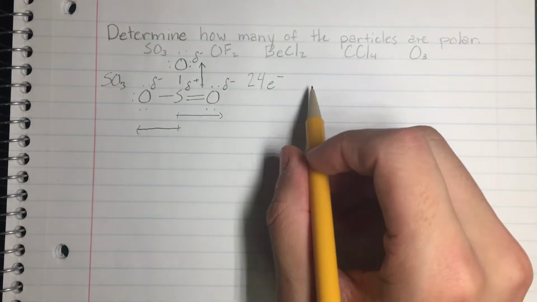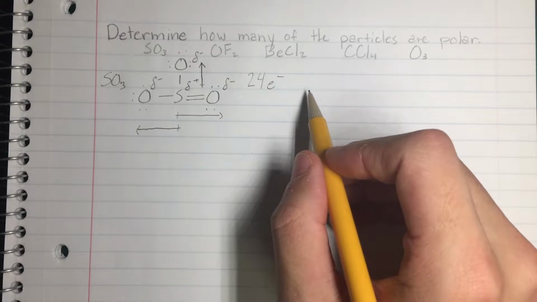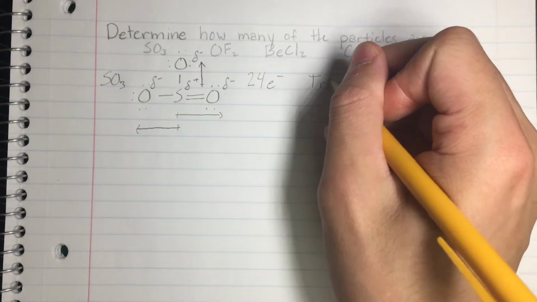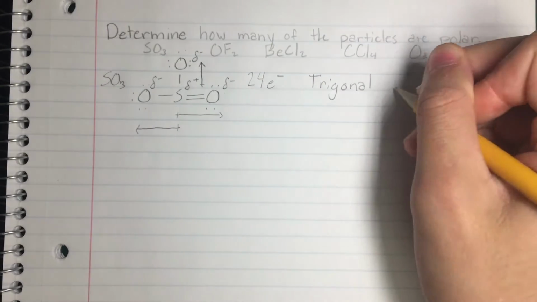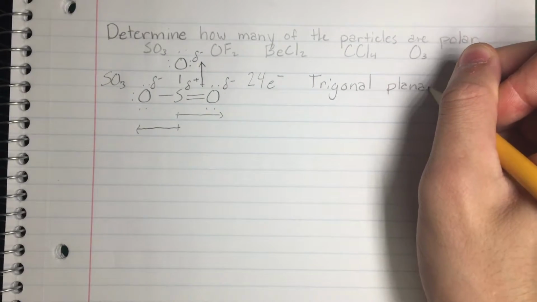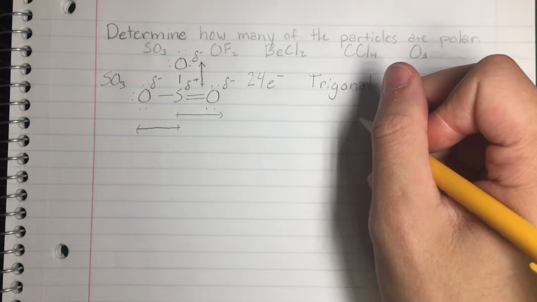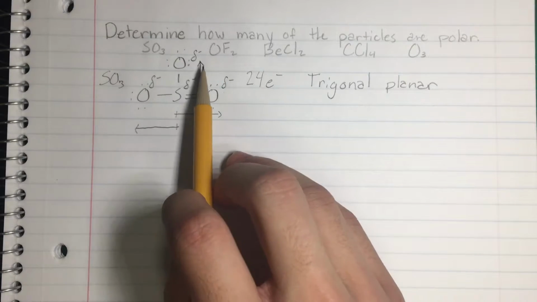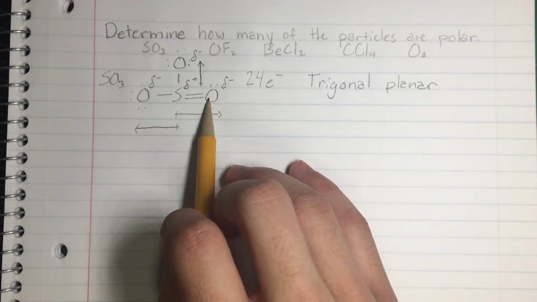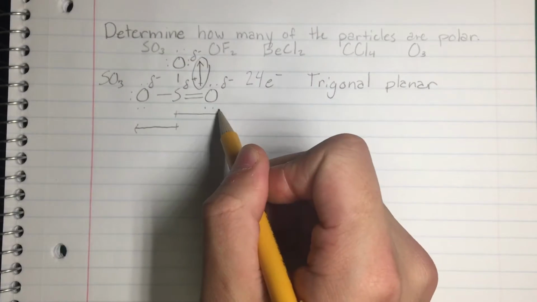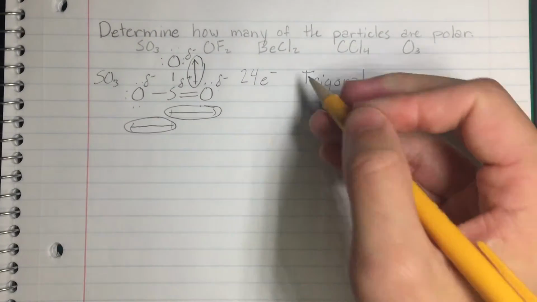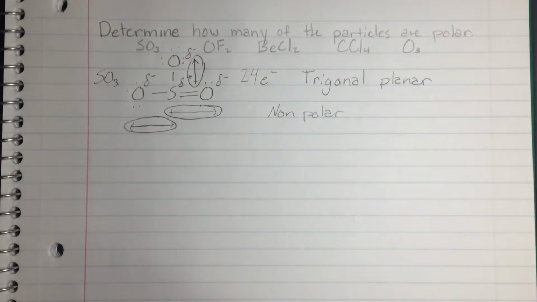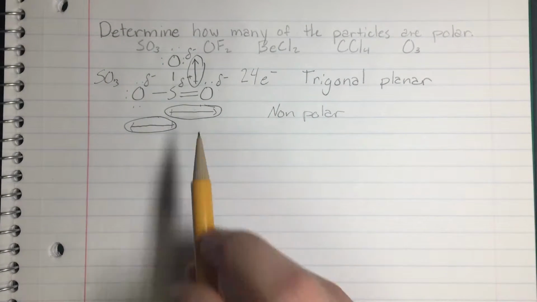So the structure is trigonal planar, meaning that it's all on the same plane. And so all these charges, since they're all the same, all these three arrows, they cancel each other out, making the molecule non-polar. There are no net dipoles.